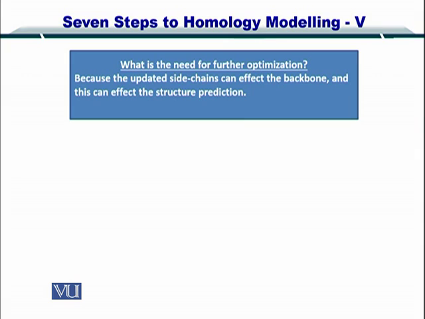Therefore, once you insert the rotamers and side chains, you may want to evaluate your model for optimization. As I just mentioned, the updated side chains can affect the backbone.